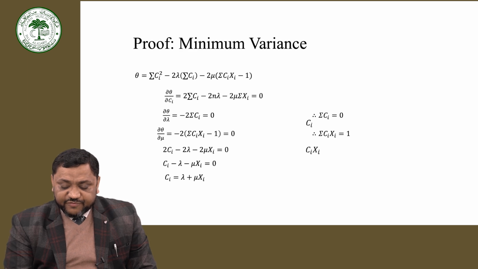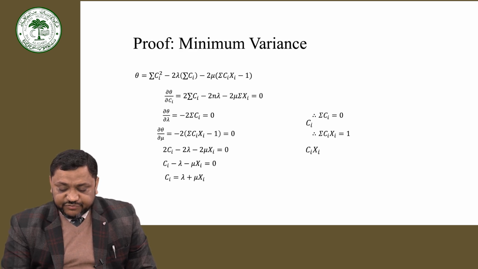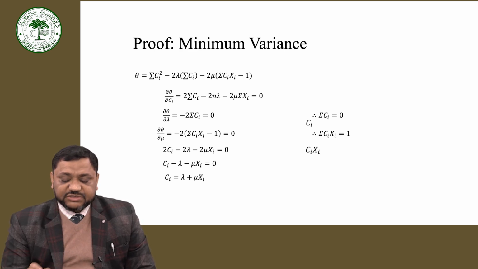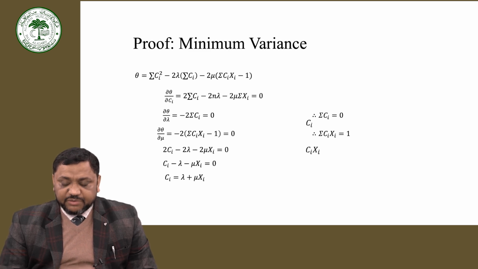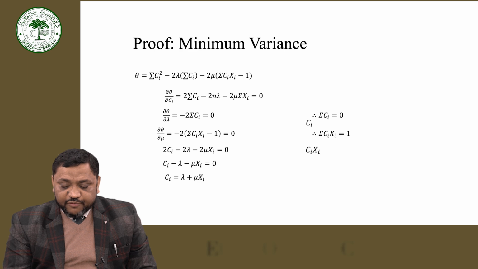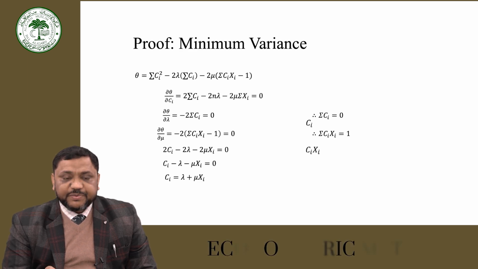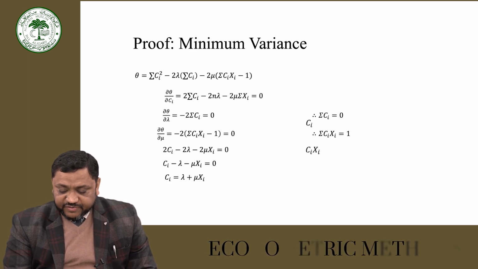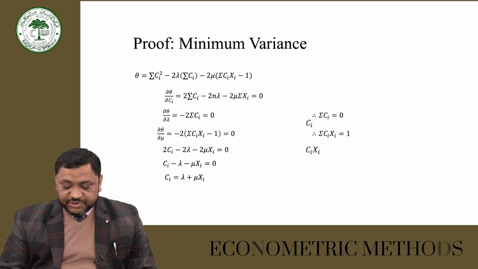Now we differentiate it first with reference to ci. We get summation 2 ci minus 2 lambda minus 2 mu xi is equal to 0. Next we differentiate with respect to lambda, so we get minus 2 summation ci equal to 0.